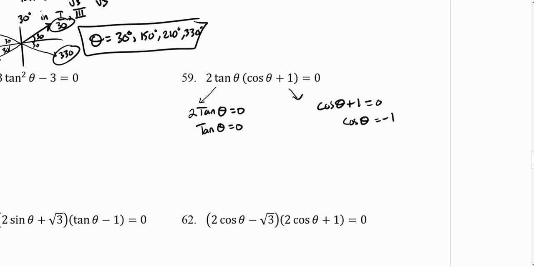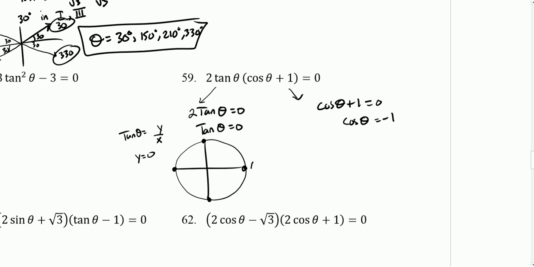So tangent is equal to 0, so we have y over x, remember, is tangent theta. And so that's letting us know on the unit circle our y coordinate is 0. So if we think about the unit circle, where you got those 4 points, which of those 4 points has a y value of 0?